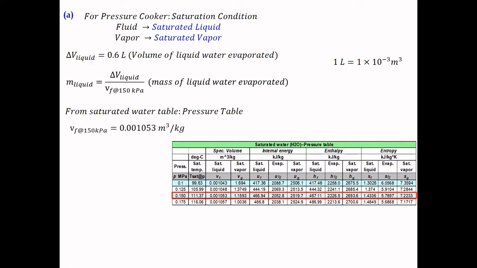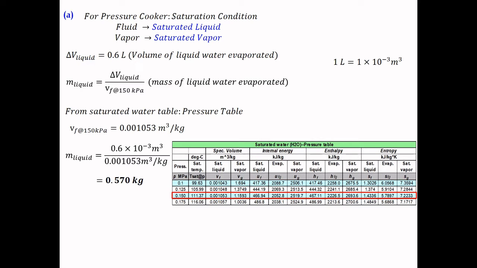So Vf based on the table at 150 kilopascal equals 0.001053 meter cubic per kg, and we substitute the value into the equation of mass of the liquid. So mass of the liquid equals 0.6 times 10 power of negative 3 meter cubic divided by 0.001053 meter cubic per kg. So we get the mass of the liquid, which is equal to 0.570 kilogram.